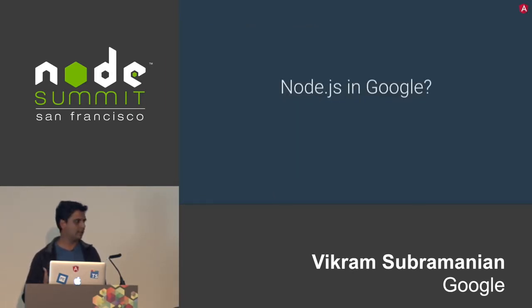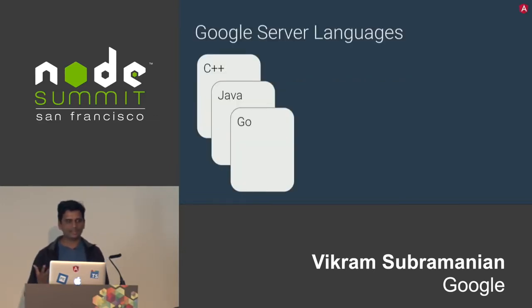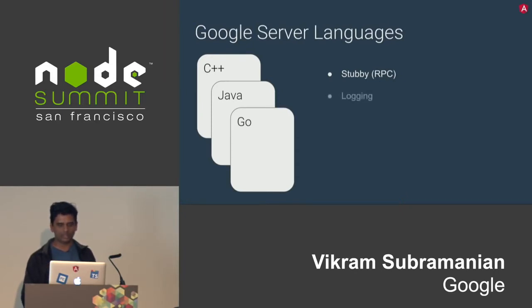So the problem then comes: how do you run Node.js in Google? The standard Google server languages are essentially C++, Java, and Go. And what makes them standard is they are hooked into the Google infrastructure that lets them do RPC, and that infrastructure is called Stubby, logging, monitoring, load balancing, and security and stuff like that.